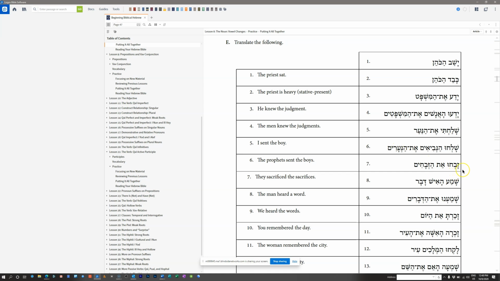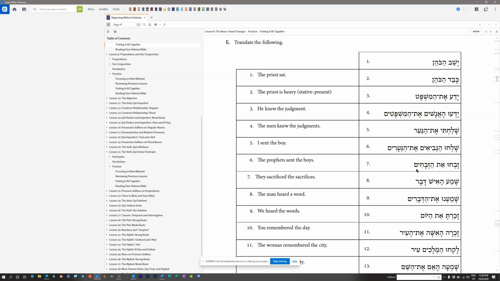Number 7 here, we have a new verb, zavahu. Zavahu is from zavach. Zavach is he slaughtered or he sacrificed. Zavahu is going to be they slaughtered or they sacrificed. Then I've got ha-zivahim.